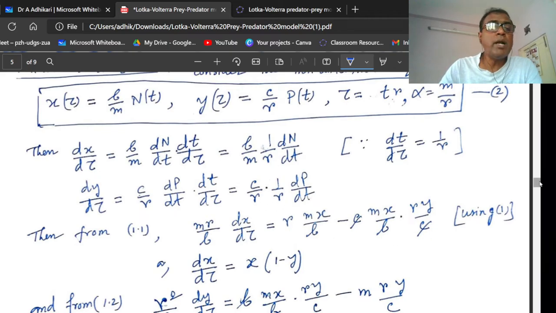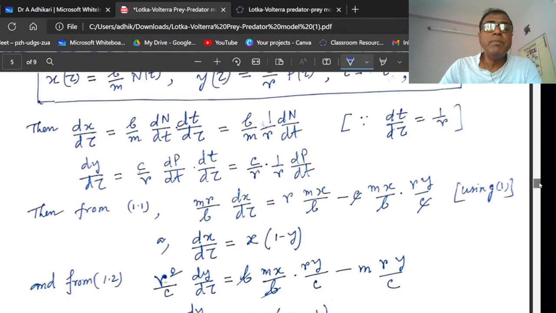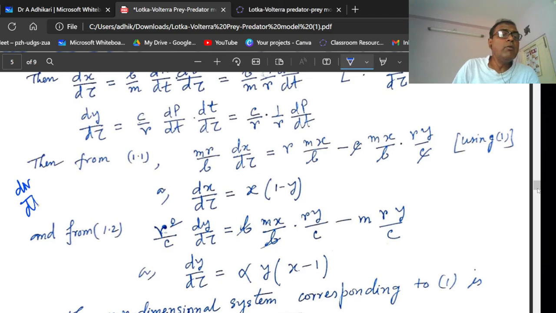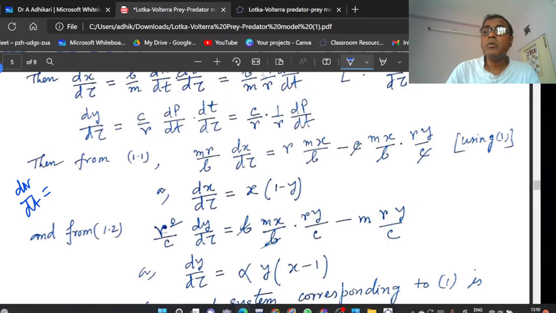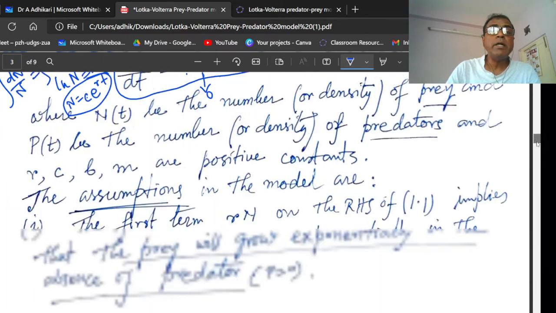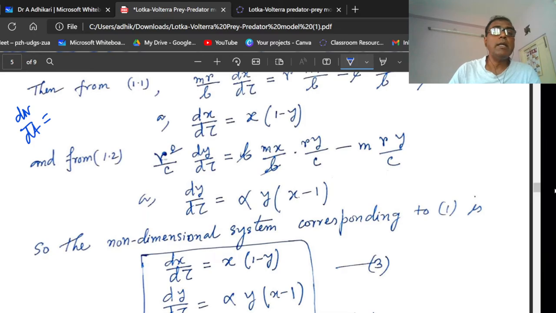Then from 1.1 we replace using these non-dimensional quantities. So mr by b dx/d tau equals r into n minus c n p, using equation 1: dn/dt equals Rn minus Cnp.